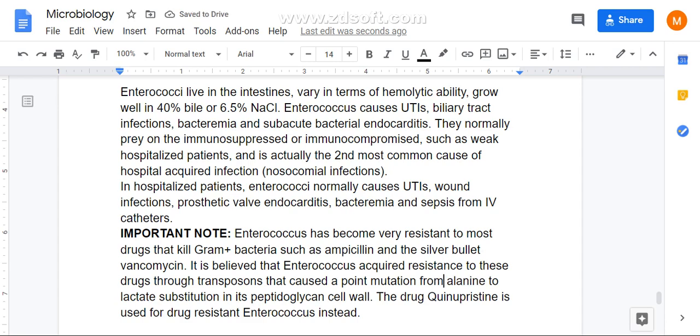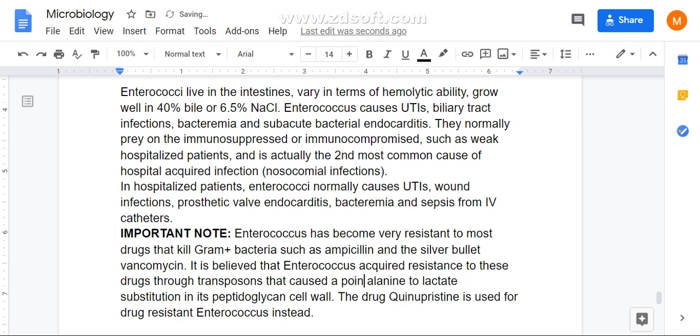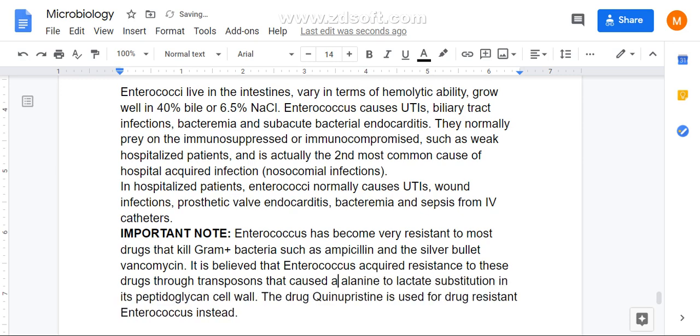Okay, there's a transposon that causes an alanine to lactate substitution in its peptidoglycan cell wall.